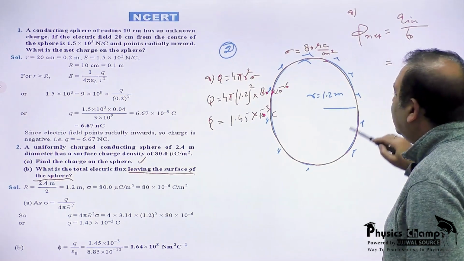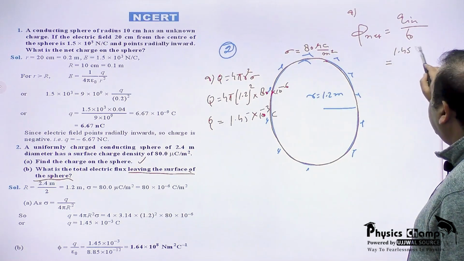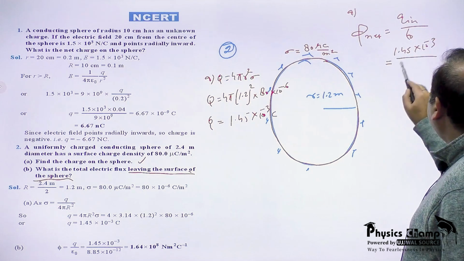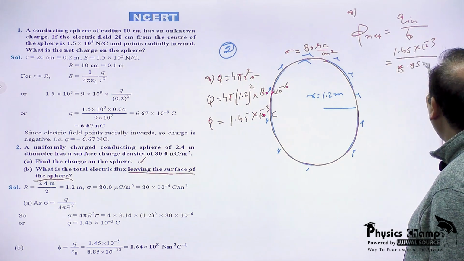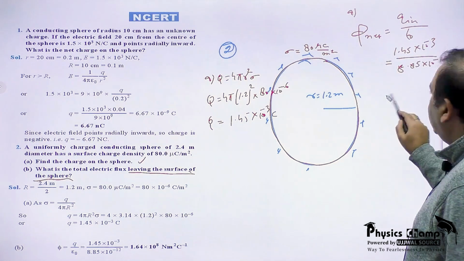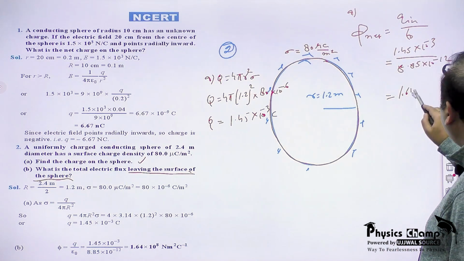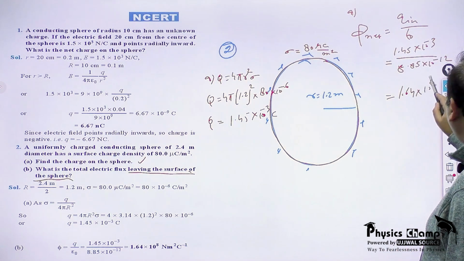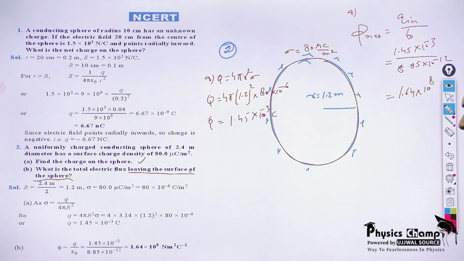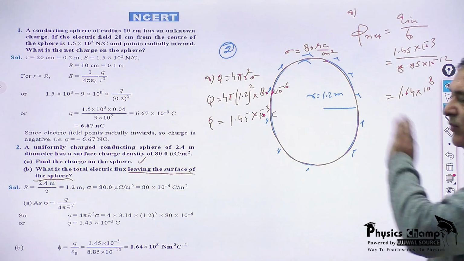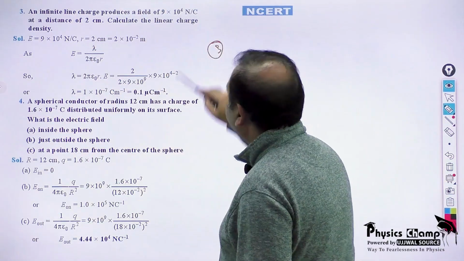So charge inside is 1.45 into 10 to the power minus 3, and this is 8.854 into 10 to the power minus 12. So we will have the net flux which is leaving, and it will be 1.64 into 10 to the power 8. So we can get the net flux leaving the surface of the sphere. Have a look at question number 3.